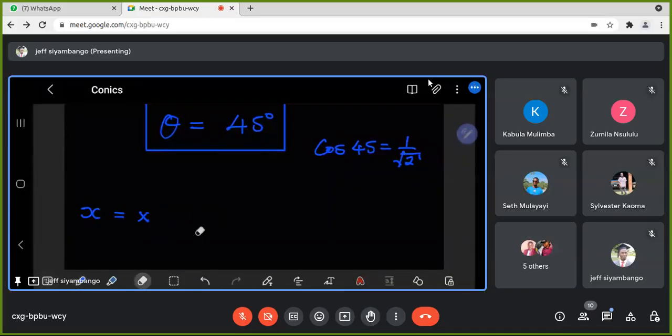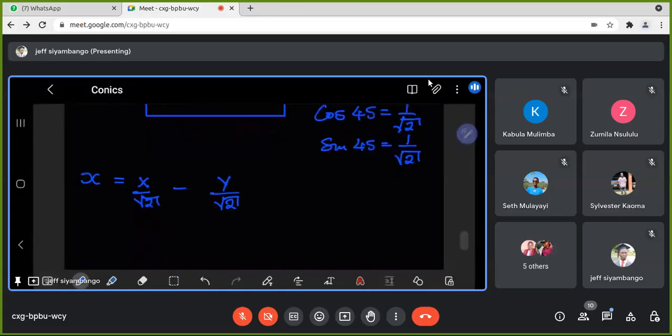Because of that, where there's cos 45, I'll say 1 over root 2, which is basically just x over root 2. This is minus, and then I have y, and then again I have sine 45. Well, it turns out that sine 45 and cos 45 are the same, 1 over root 2 as well. So here I have y over root 2.